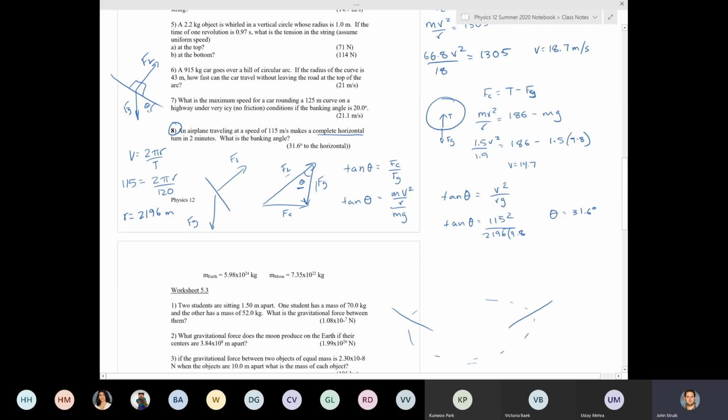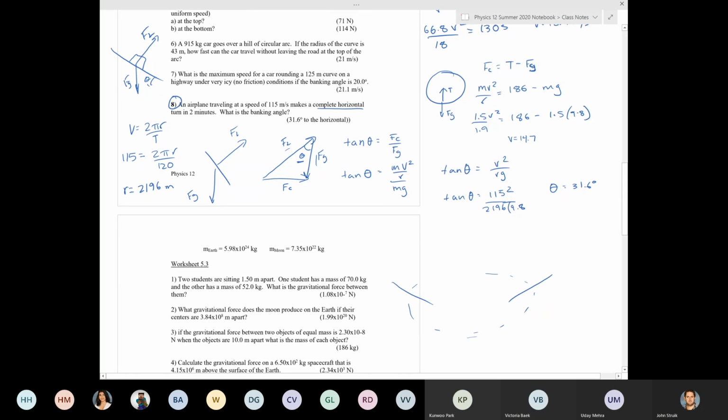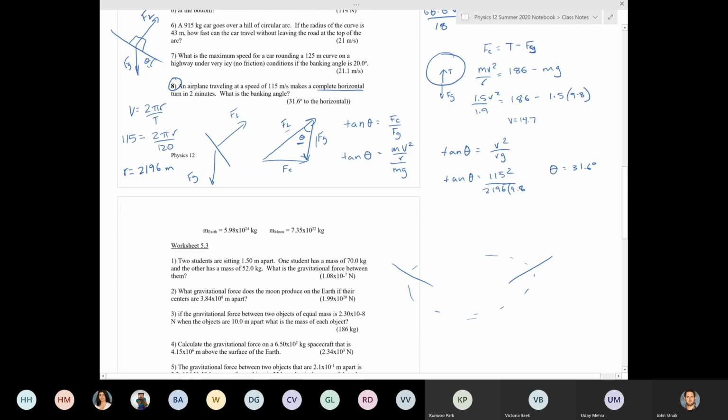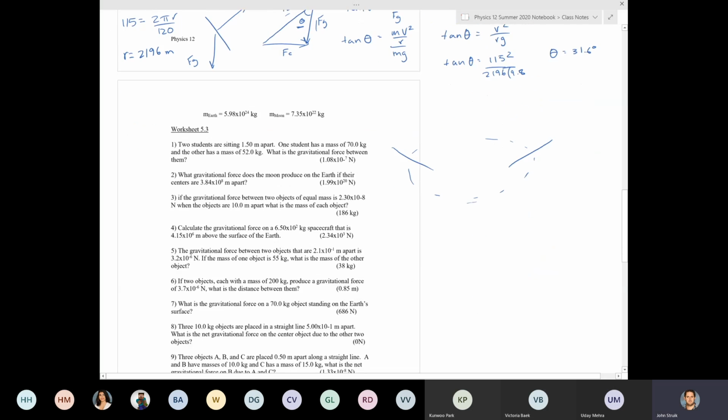So it's a horizontal circle. Okay, yeah, got it. It's maintaining its altitude. It's not going up or down. It's a good question.